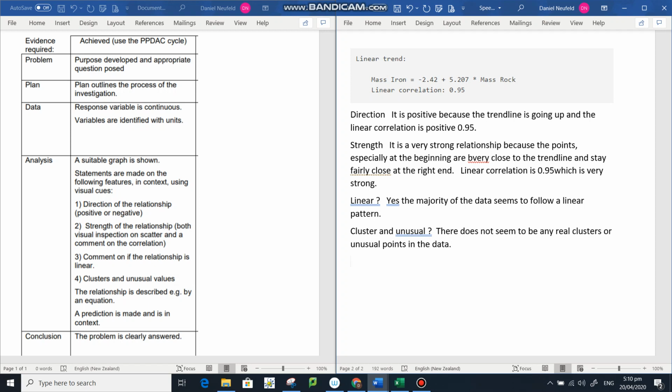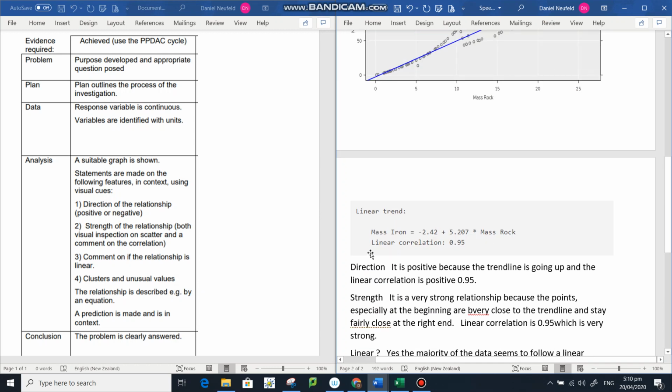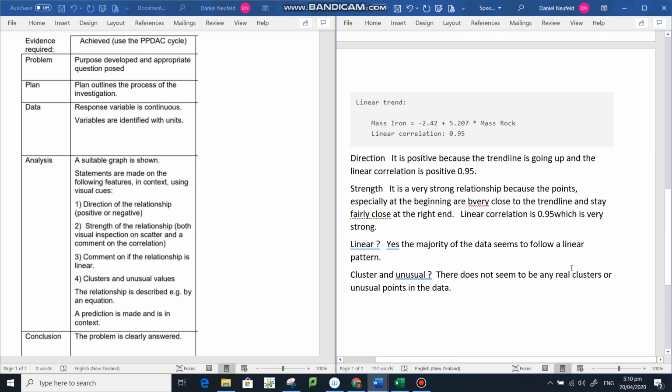Next. Relationship described by an equation. We give the equation right there. The relationship is described by the equation mass of iron.